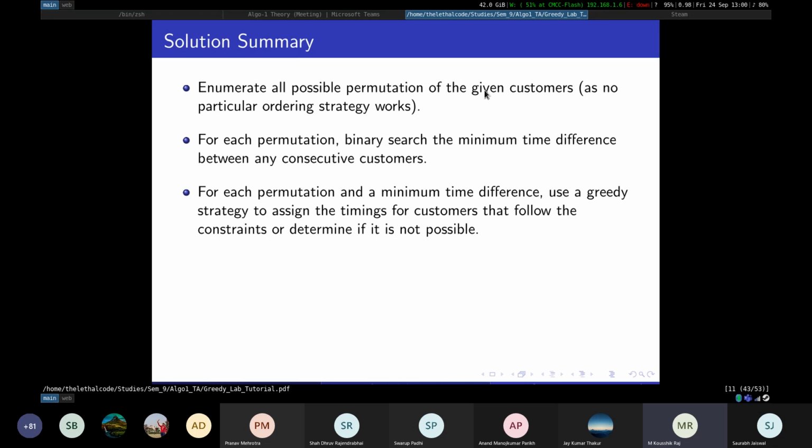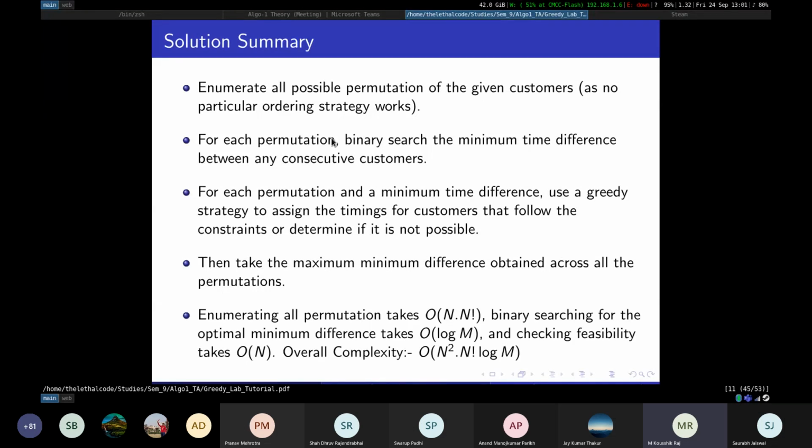That's the greedy strategy we talked about. Determine whether the greedy strategy is possible or not. If it is possible, go for the upper half of the binary search. If it is not possible, go for the lower half. Then take the max. So for each permutation you did this, and now take the maximum L you got across all possible permutations. We have to do that because we have seen that no particular order works in particular.